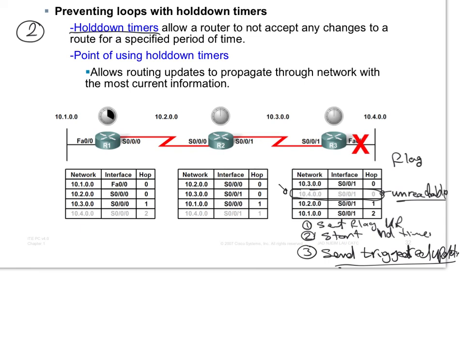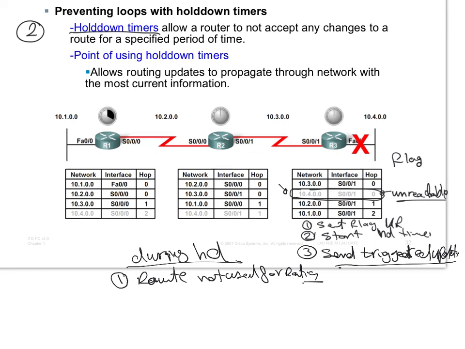During the time that this hold down timer is running, the following logic will be executed. So during hold down, the current logic is executed. One, this route is not used for routing.